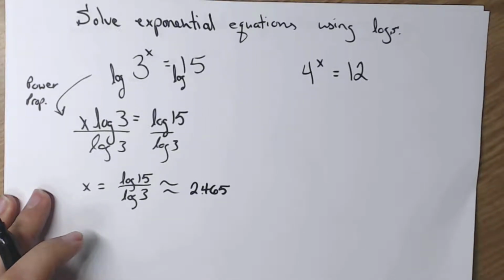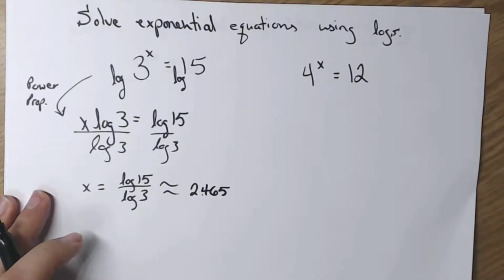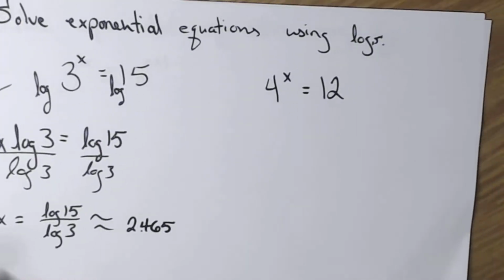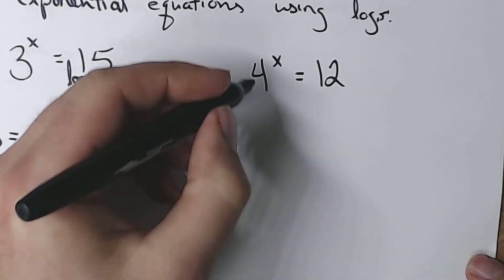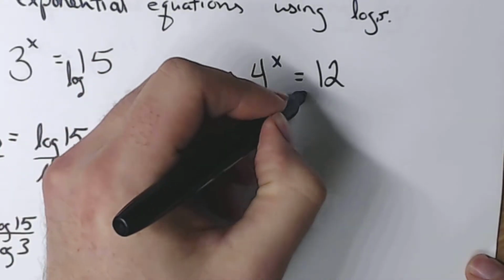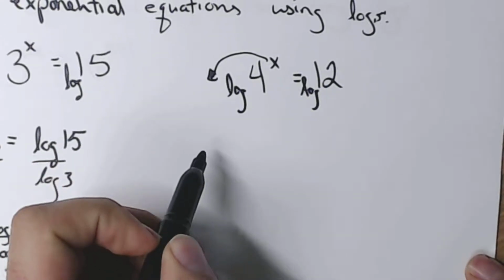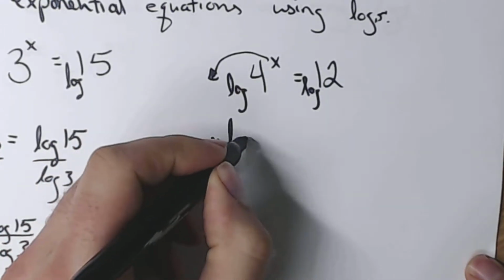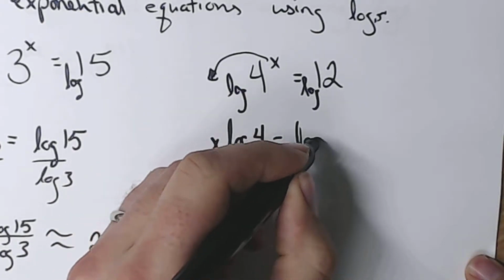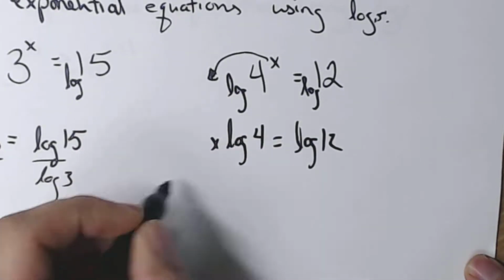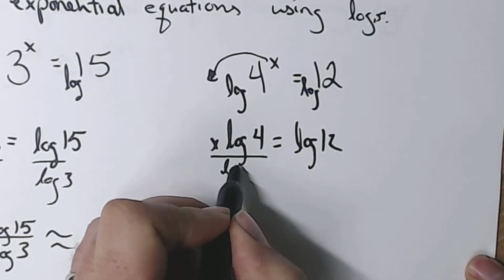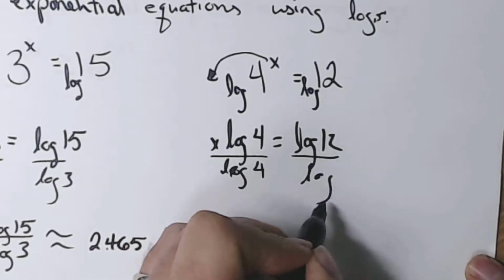Next, let's do the one over to the right here, and that is 4 raised to the x equals 12. Again, I'm going to bring in a log on both sides. Because of that, my exponent can now come down in front, so I have x log 4 equals log 12. I divide by log 4, just like if it were a number.